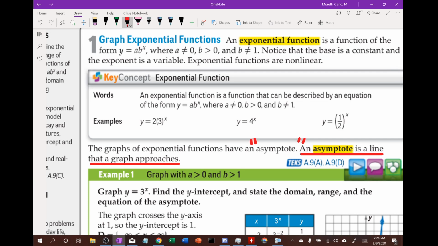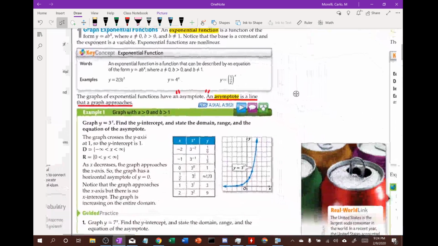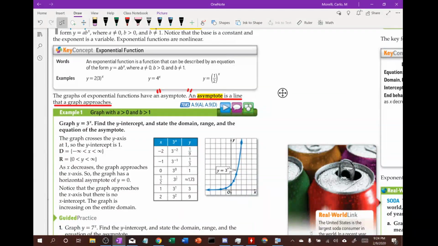I don't want to write it out the way it sounds, because it's going to be a bad word. But that's how you pronounce it, asymptote. The P is silent. And it says here, an asymptote is a line that a graph approaches. Okay, so over here, we see an asymptote.